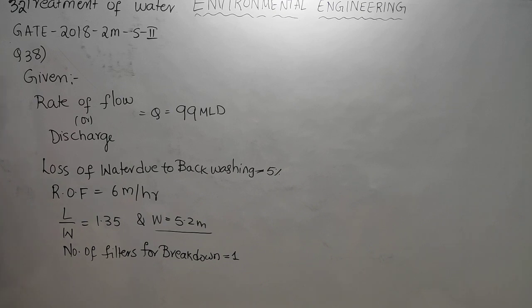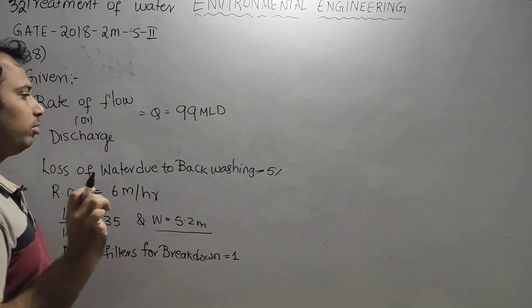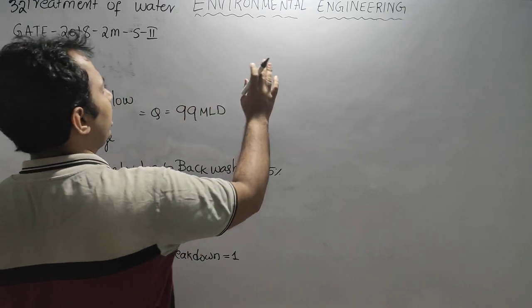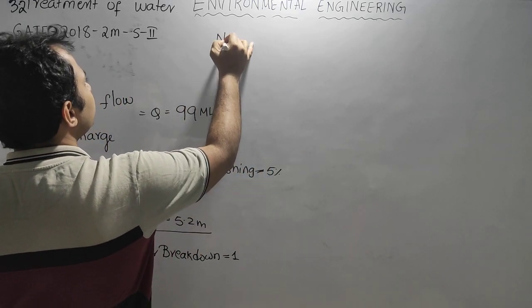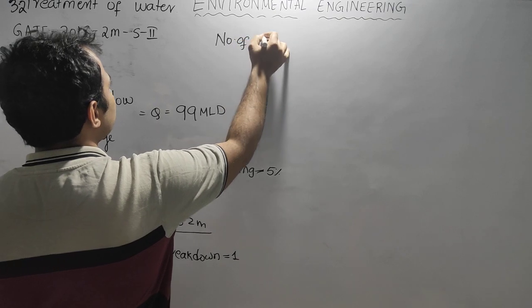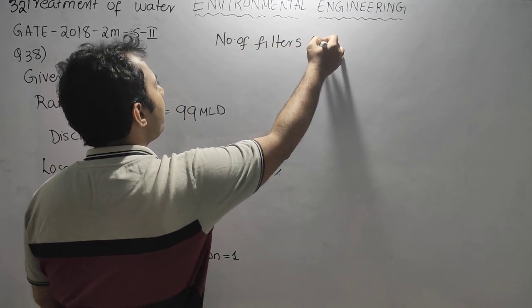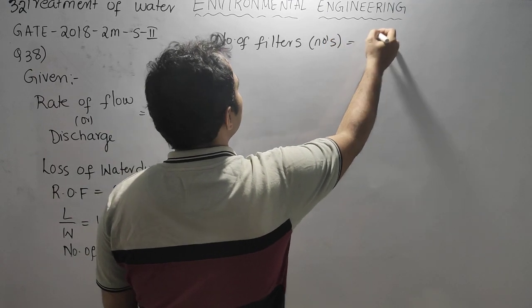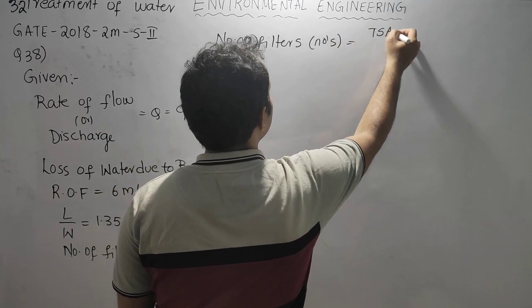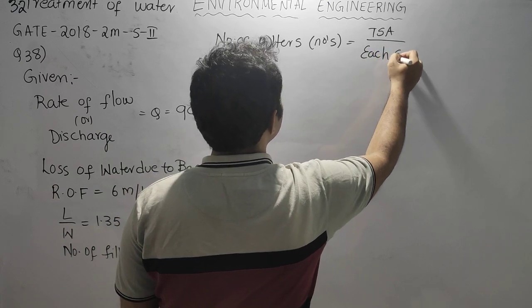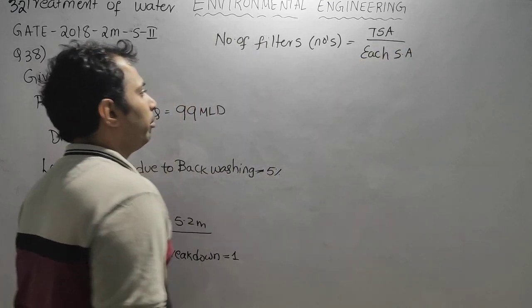So number of filter beds needed. See here, first thing, number of filters. For getting the number of filters, number of filters is equal to total surface area by each filter surface area. Then we will get the number of filters.